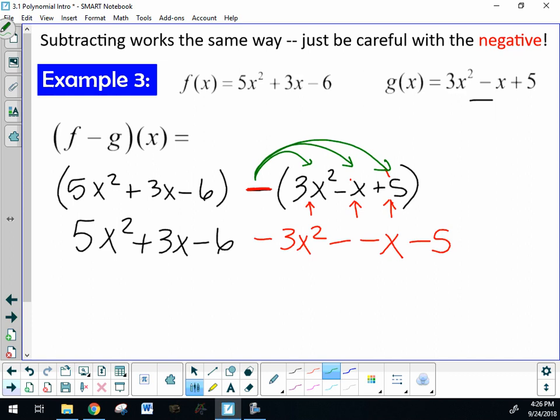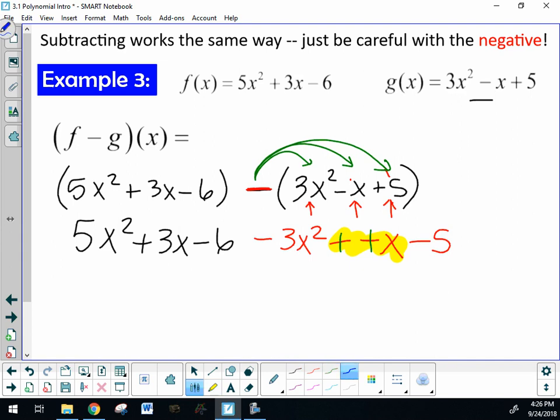If that helps you, that's fine to think of it that way. Once you have made sure that you are applying that operation of subtraction to every single term, then you can combine your like terms. Now this one right here, that's a minus a negative x, subtracting a negative is the same as adding. So that's essentially plus x.